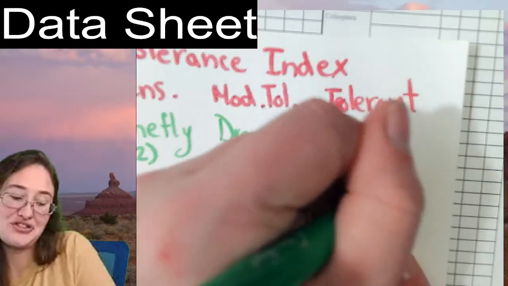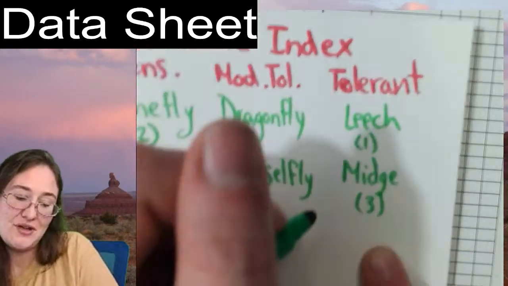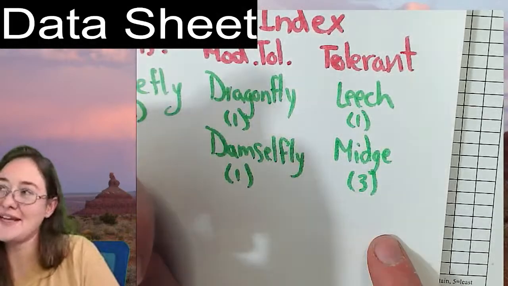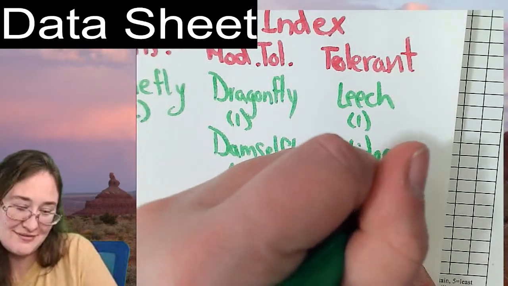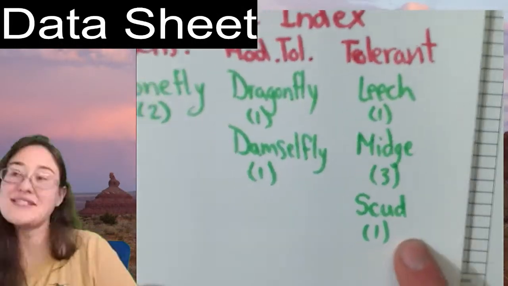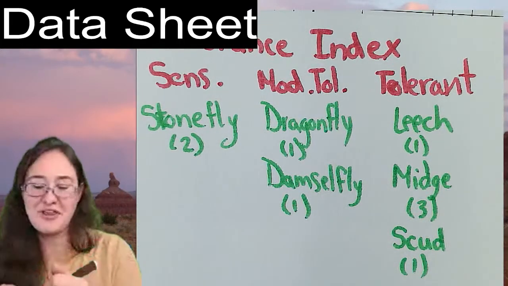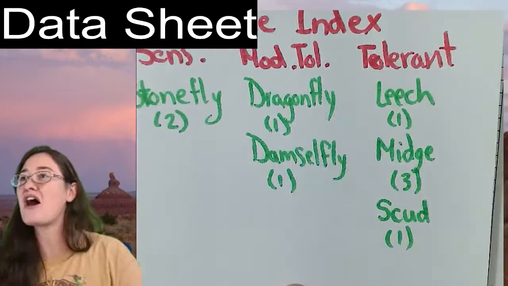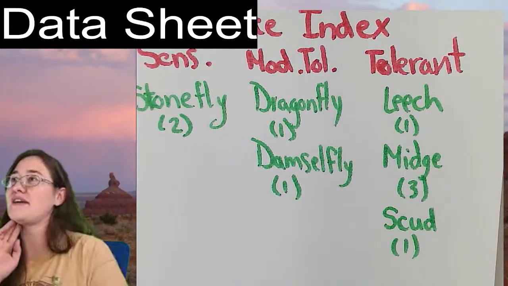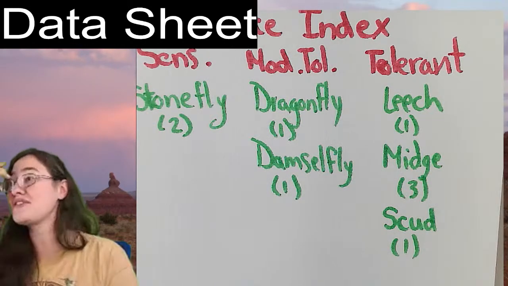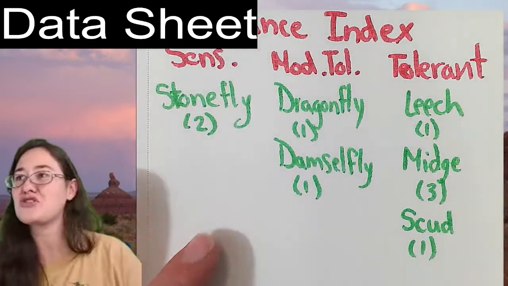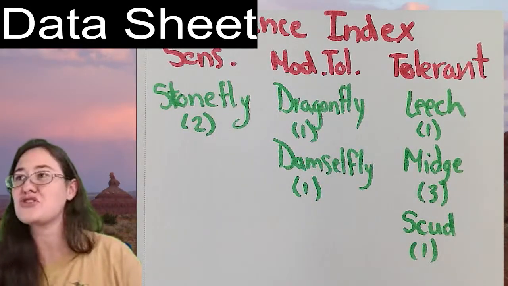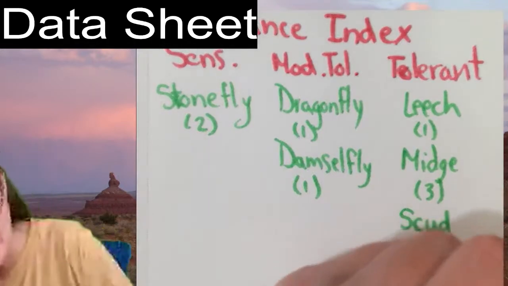Midge. 3 midges, and, I don't know, scud. Scuds are like freshwater shrimp. They're really cute. Okay, so we have all of these things, and this is all that we collected. Now, I might imagine that this might not be a super healthy stream, but we're going to go ahead and do the numbers.